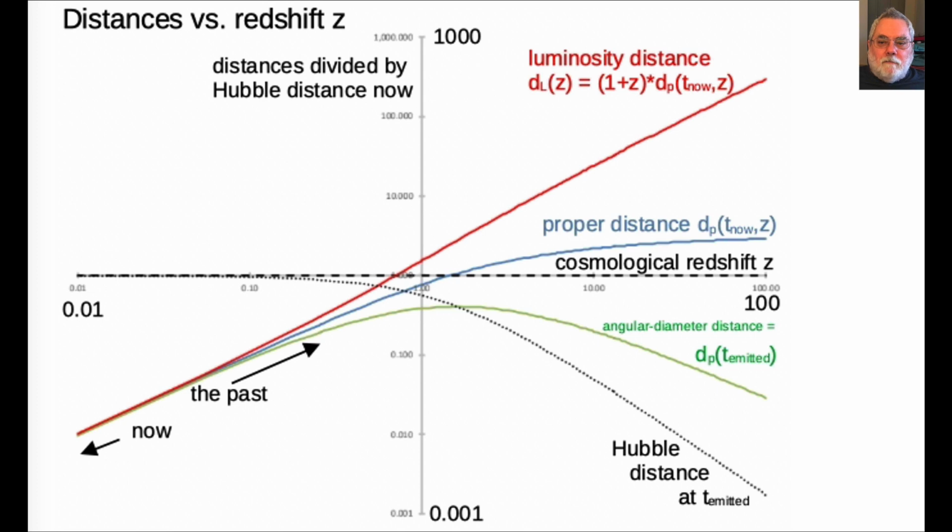This log-log graph shows various distances for a galaxy that emitted light in the past, and the light is received by us now with cosmological redshift z, which is the horizontal axis, ranging from 0.01 at the left to 100 at the right. Galaxies close to us are at the lower left. Far from us and long ago is to the right.